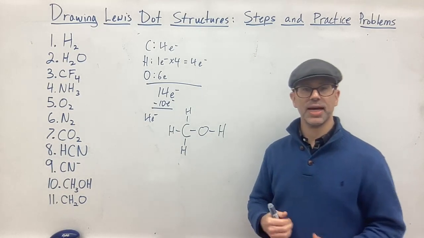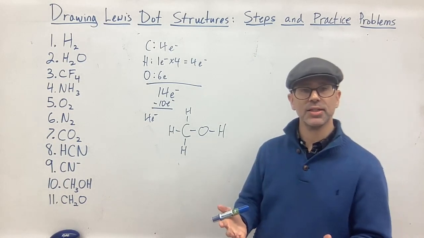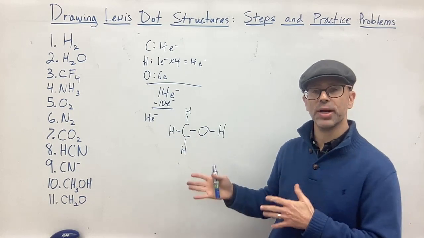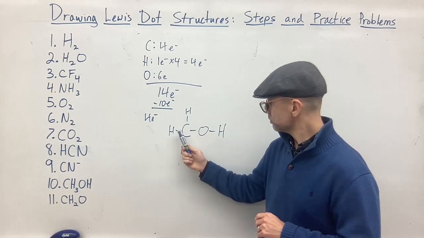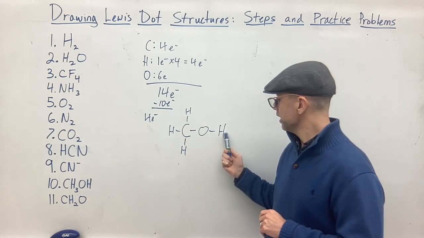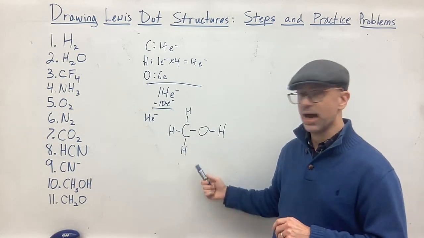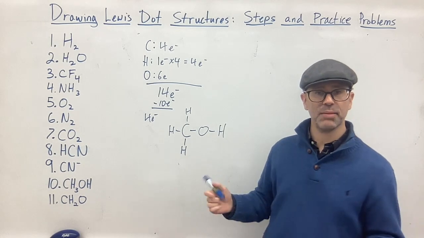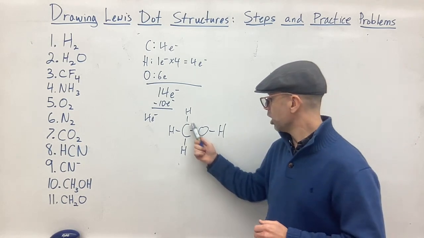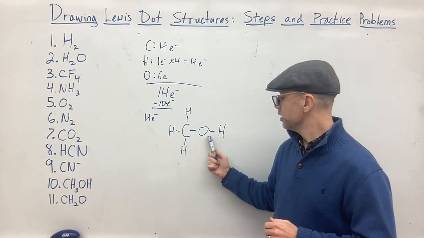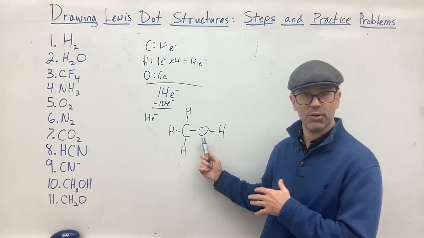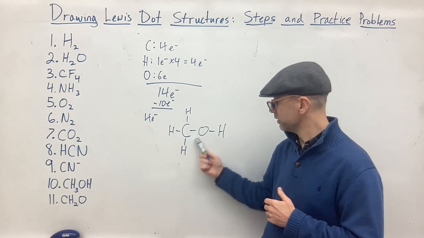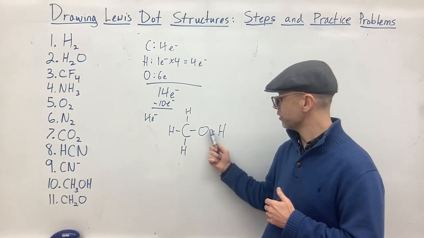So step 3 says add lone pairs to your outer atoms. Well, if you look here, hydrogen is my outer atoms for these. Hydrogen only bonds once. I'm not going to give them lone pairs. Carbon is the lesser electronegative. So oxygen is kind of like an outer atom. So if I look at this as my central atom, this is an outer atom.